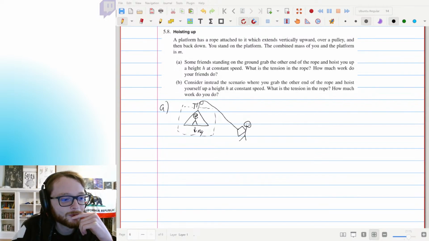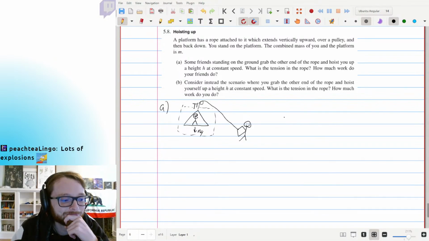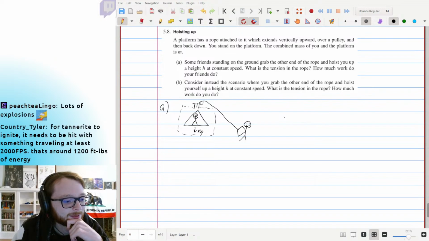Lots of explosions, yep. For tannerite to ignite, it needs to be hit with something traveling at least 2,000 feet per second.